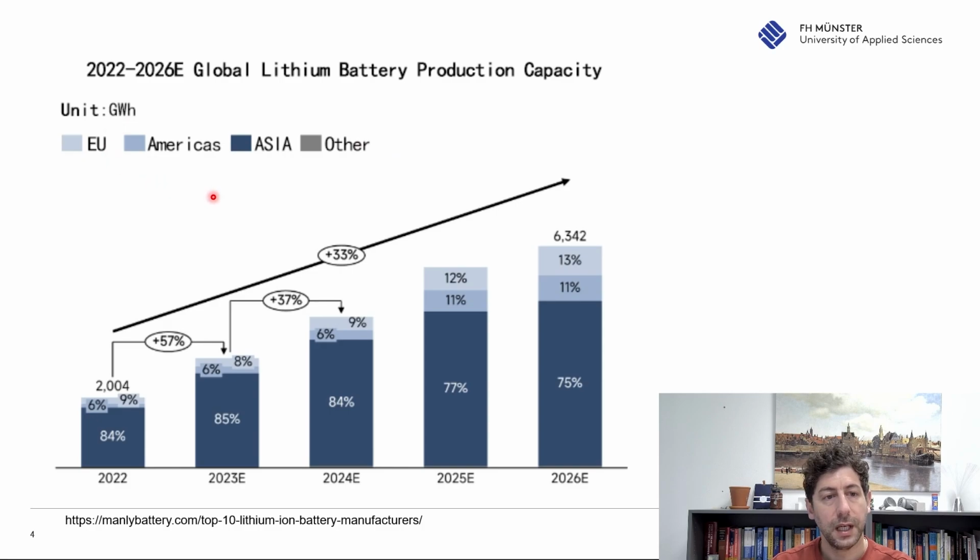You also see it separated by regions, and we see a very clear dominance of Asia in the lithium battery production, right? The EU is not really good, and we try to increase the amount of production capacity, but basically most of the lithium batteries are produced within Asia.